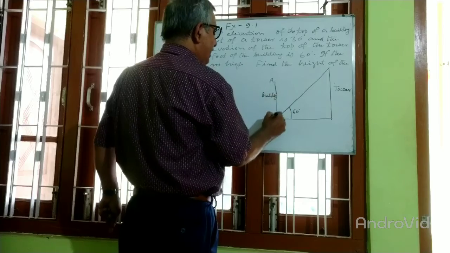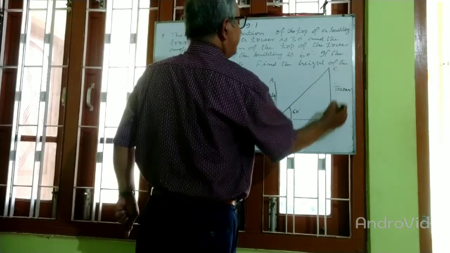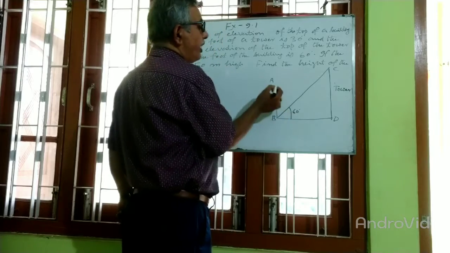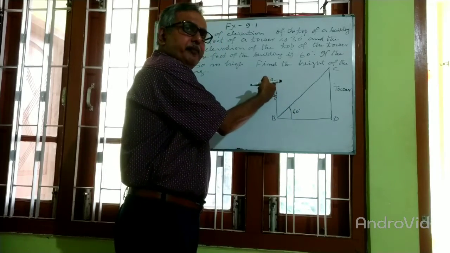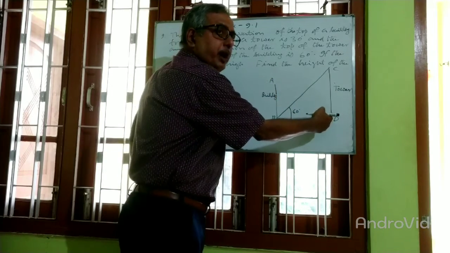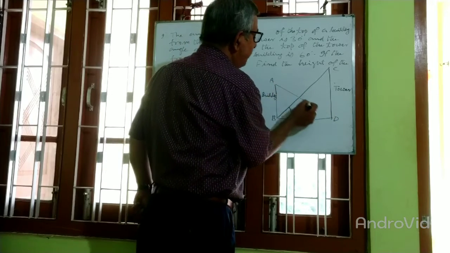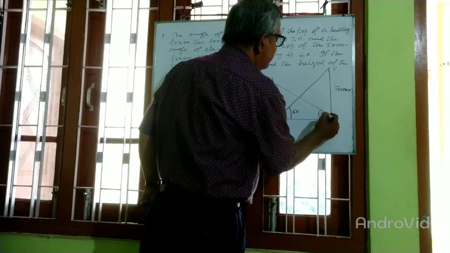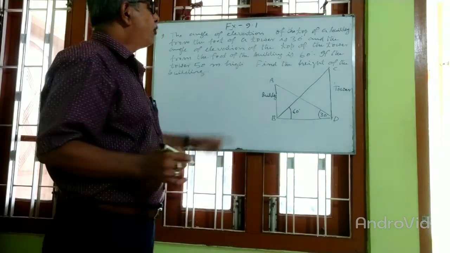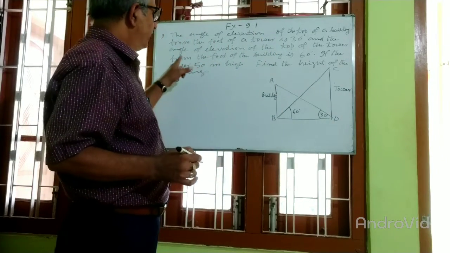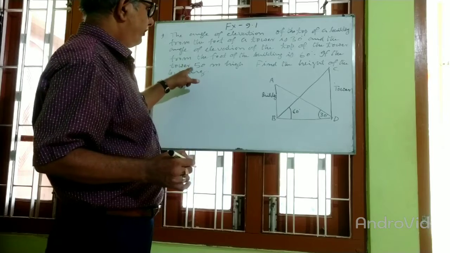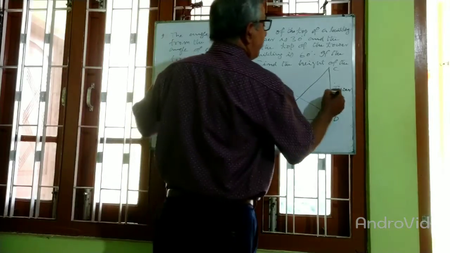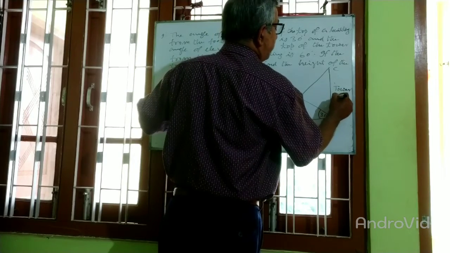So AB is building and CD is tower. Building is smaller. When you are seeing the top of the building, from where? From the foot of the tower. What is the angle of elevation? Only 30 degree. Clear? And what is the height of the building? If the tower is 50 meter high, height of the tower is given.